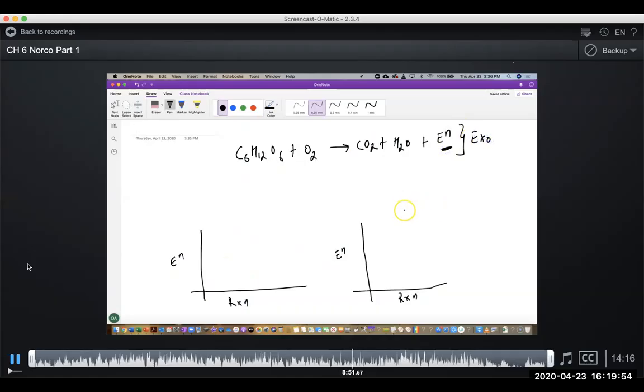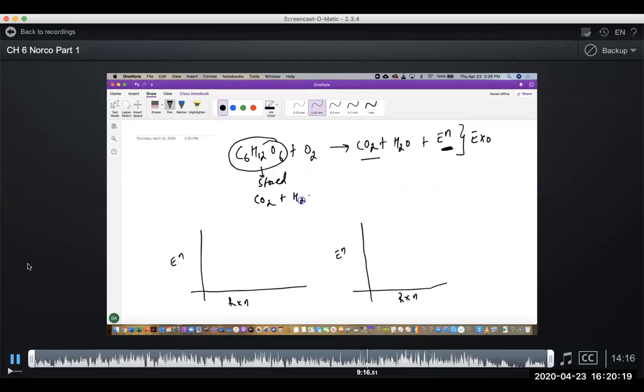So if you have to draw that on this graph, we basically need to show whose energy is more, guys. C6H12O6 has more energy stored in it. That's why when it changes to CO2, it is able to give off the energy. And the opposite is also true.